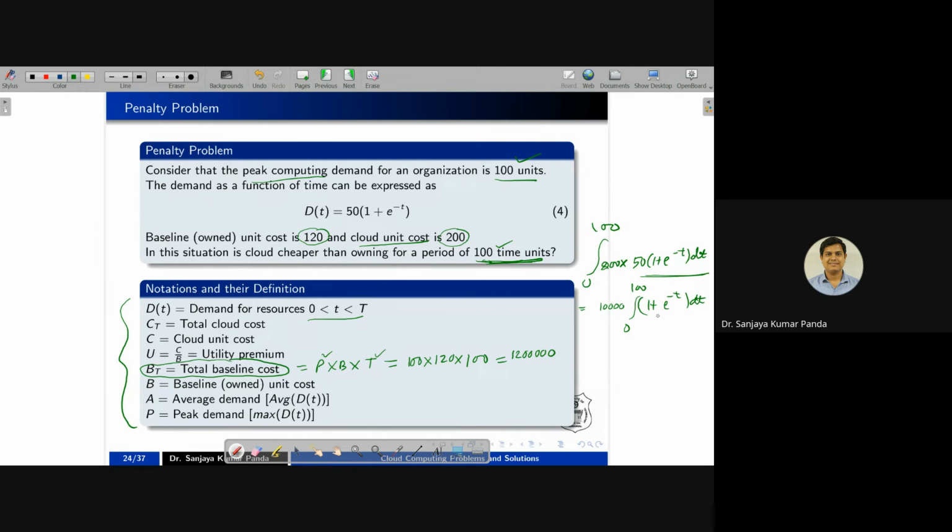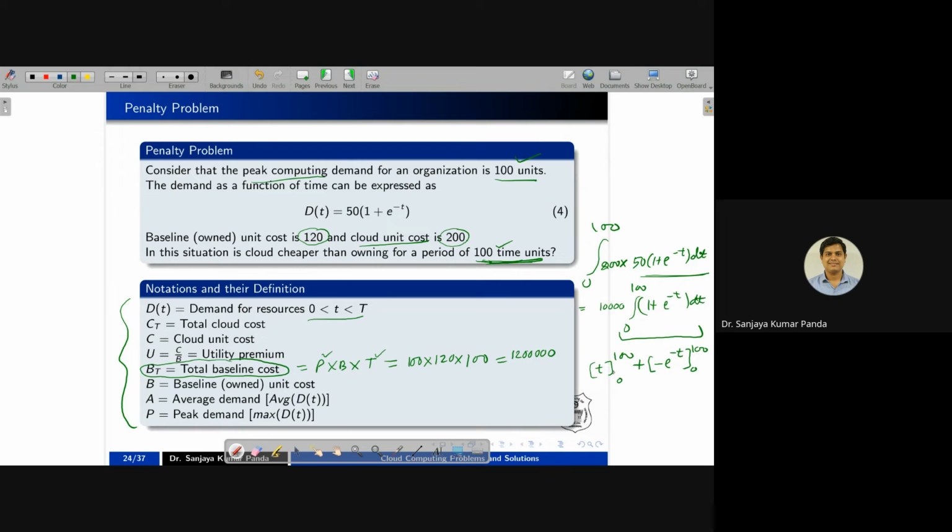If you take 1 into dt, and separately e^(-t), solving this particular part gives t within the limit of 0 to 100, plus the integration of e^(-t), which is minus e^(-t) within the limit of 0 to 100.